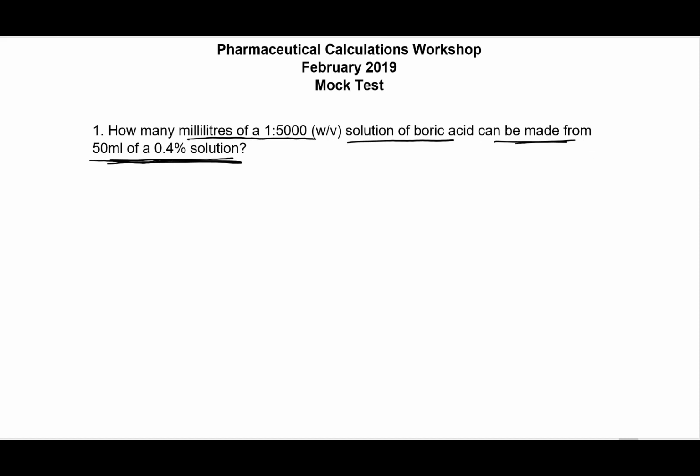That's our original or starting solution, and the strength of that is given. We have to make a 1 in 5,000 solution, and we have to find out the volume, how much of that solution will be made.